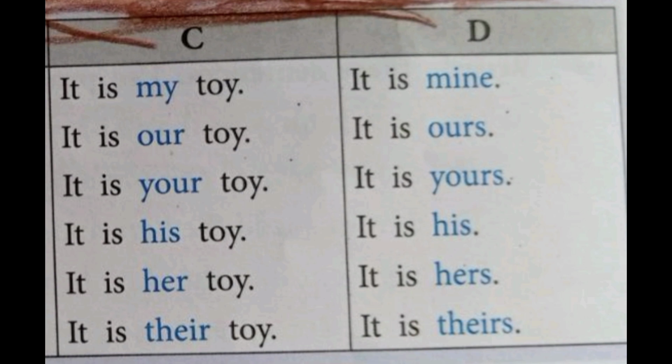And similarly for all the others, like his toy replaced with his, her toy replaced with hers, and their toy replaced with theirs. So basically, all these are possessive pronouns in column D. And that's the basic difference between a possessive adjective and a possessive pronoun. But the same thing is that they both represent belonging of someone, but in a different way. I mean to say, the sentence structure is a little bit different in both cases.